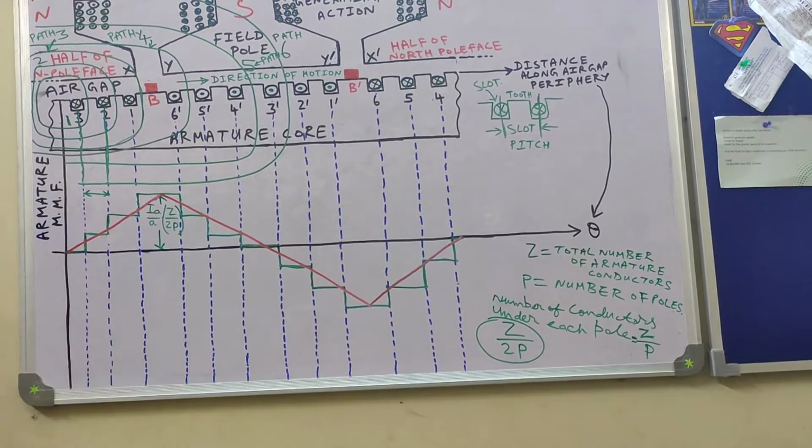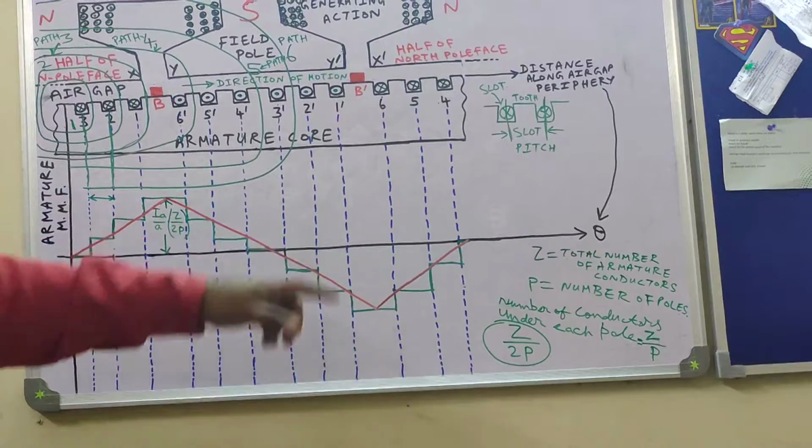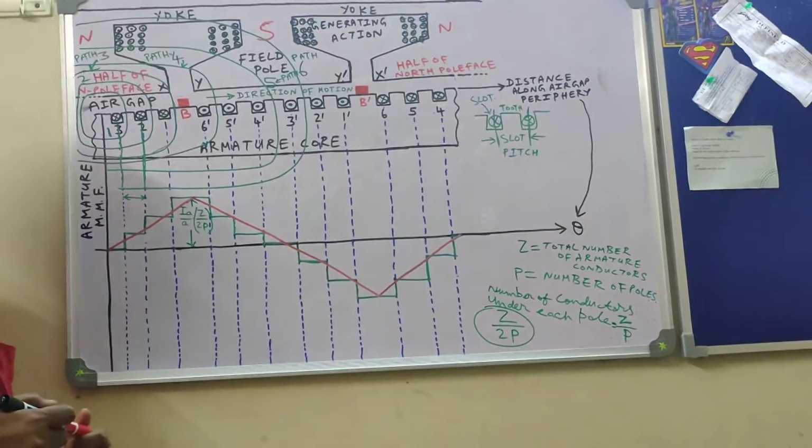So this is the MMF distribution of armature winding. It is triangular in nature.